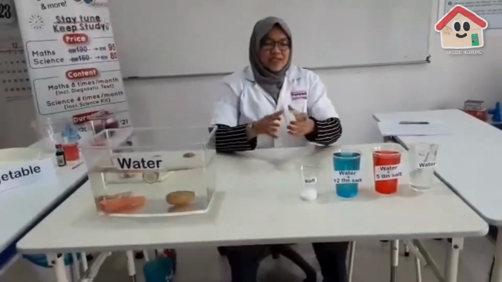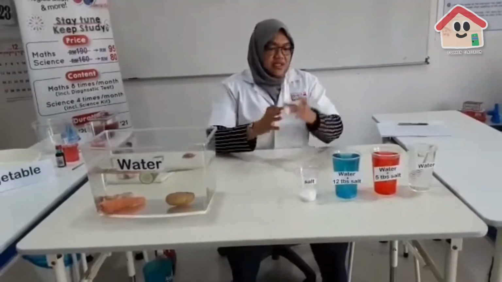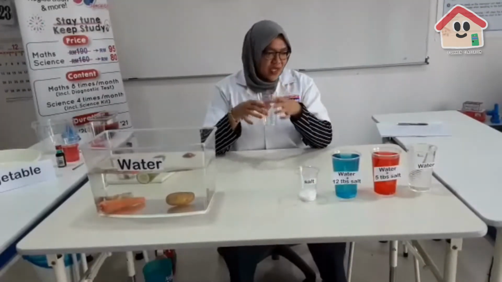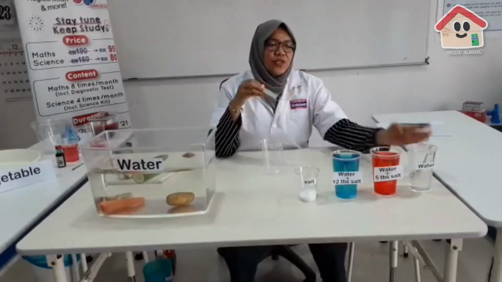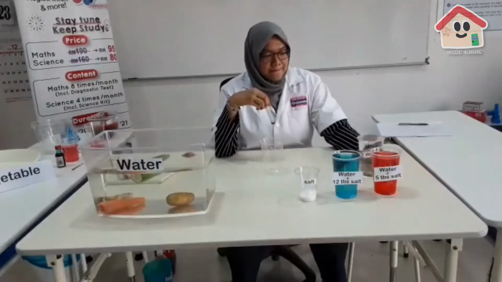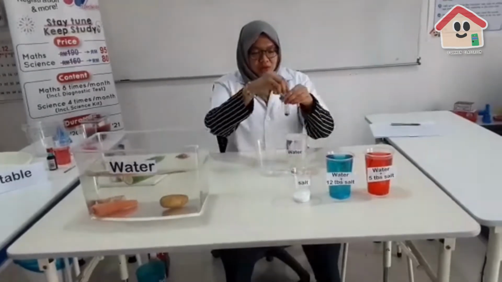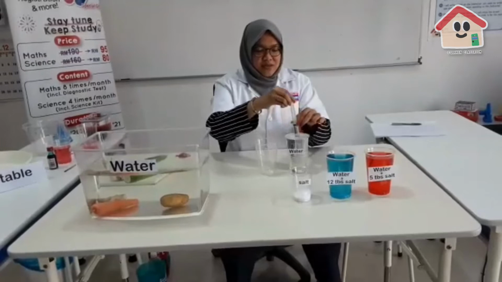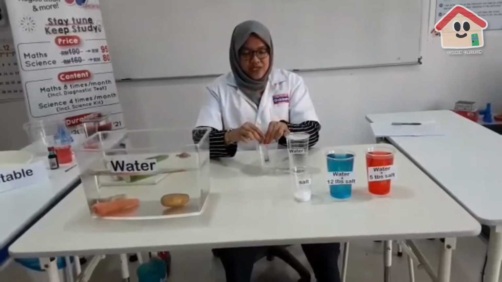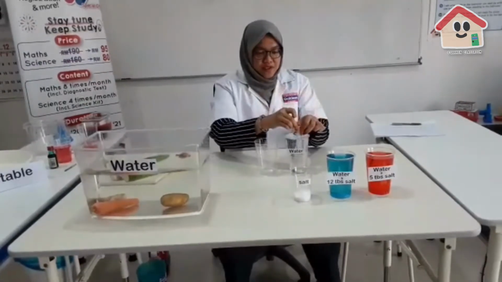Here I'm using a normal transparent cup. I will use a spoon to put in the water. I will start with the plain water first. I just take a spoon and slowly push.